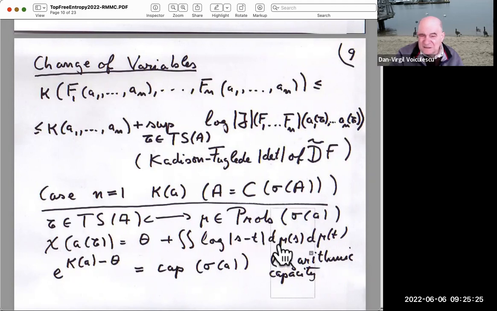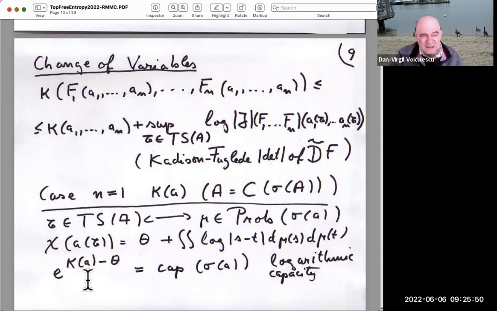And this probability measure on the spectrum has a logarithmic energy, which is minus this double integral of the logarithm of the absolute value of s minus t, d mu s d mu t. So here one changes the sign and adds a constant. Usually the logarithmic capacity is defined with an exponentiation.